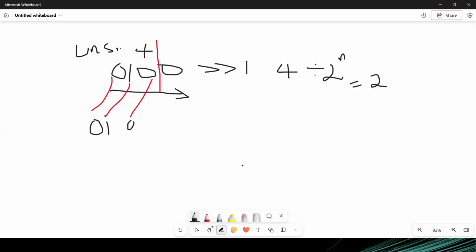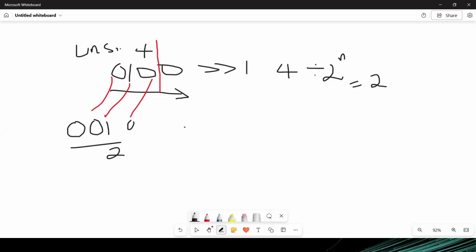But then I need to fill in what I took out. I just took 1 bit, so I will put another 0 here, because it is unsigned and we don't care about the sign. So this is giving us 2. This is equal to 2, so it is correct.